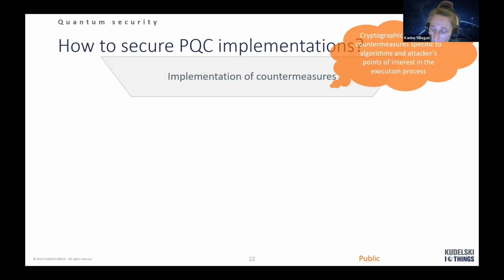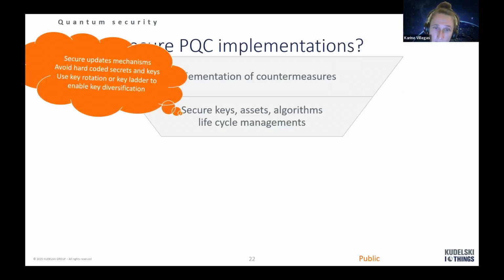The second one would be to consider, in fact, the keys, the assets that are handled by the algorithm and the algorithms themselves, and associate to them what we could call life cycle management.